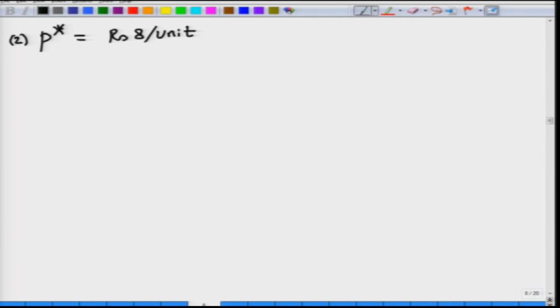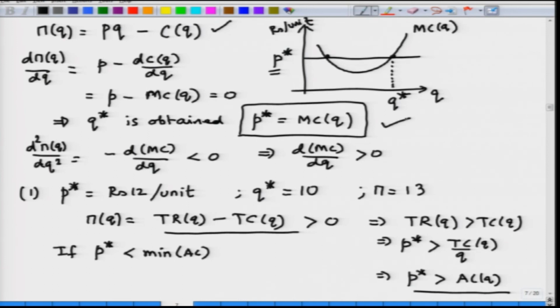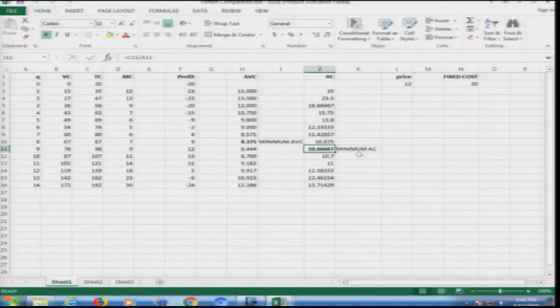Now, if I simply use the same rule, P star equals the marginal cost, all I would need to do is go to the marginal cost column and find out where the price, which is equal to 8, would be equal to the marginal cost.